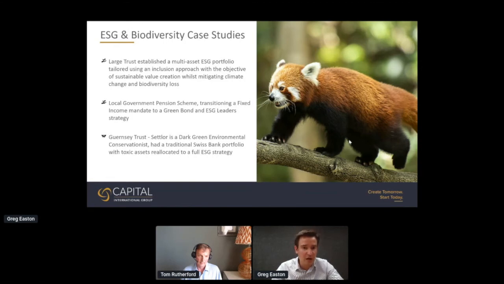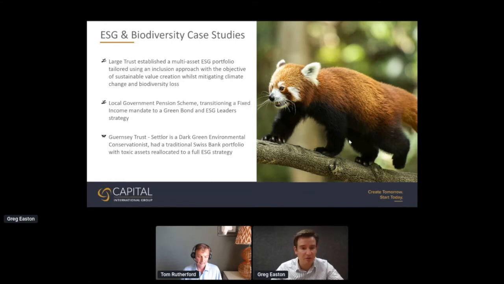The second one, and for any pension trustees that have joined us today, we're certainly seeing a rapid move from pension trustees that are shifting, in particular, their fixed income mandates from a traditional corporate bond portfolio to one that is not only looking at ESG scores and ratings, but also looking now at the universe of green bonds, which we've seen increase.